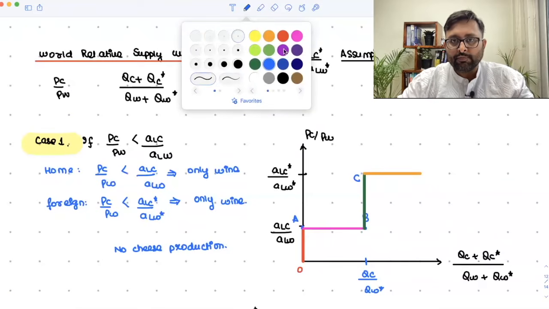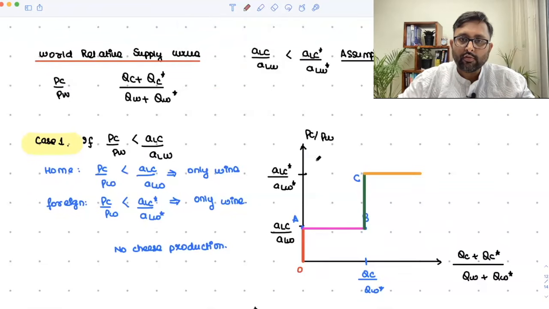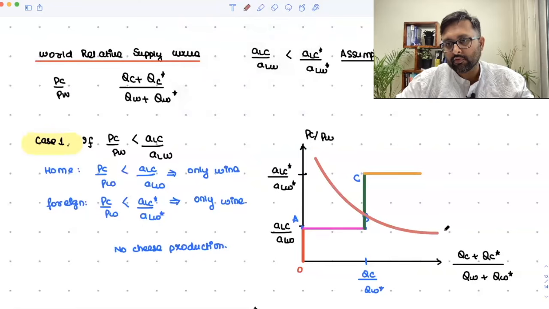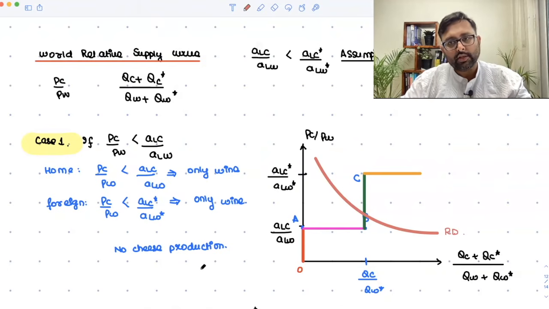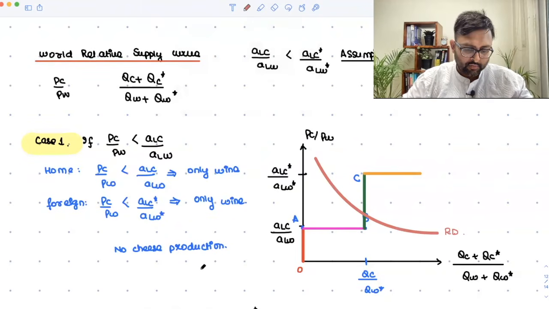So you can straight away have a demand curve, let's say like this. So this is what my relative demand curve is. As PC by PW increases, the substitution effect says relatively cheese has become expensive, you should be consuming less of it. That is the reason you have the downward sloping relative demand curve.